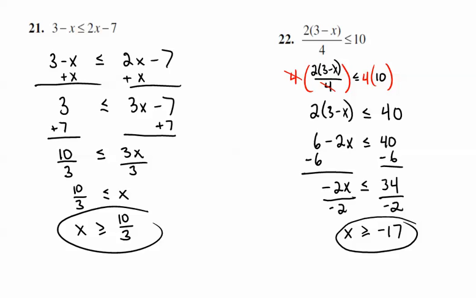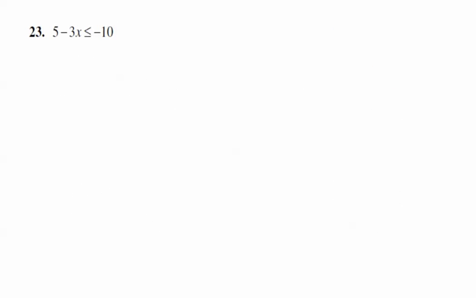And we'll go on to problem number 23. Now 23 is a lot simpler than the previous problem. We have the x already on one side. We're going to subtract a 5. Remember that you're subtracting 5 here, not adding. We'd have negative 3x less than or equal to negative 15. Now we haven't multiplied or divided both sides by a negative number, so we don't change the direction just yet.